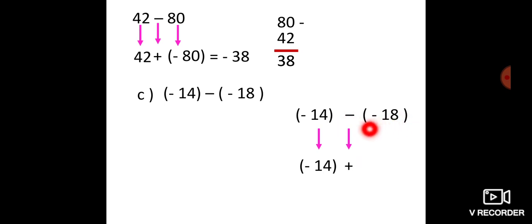Next, minus 18 changes to 18, the additive inverse of 18 here. This is addition of a negative and a positive number, so we subtract: 18 minus 14 is 4. 18 is the bigger number, so the sign of the bigger number is positive. Answer is 4. Very simple.